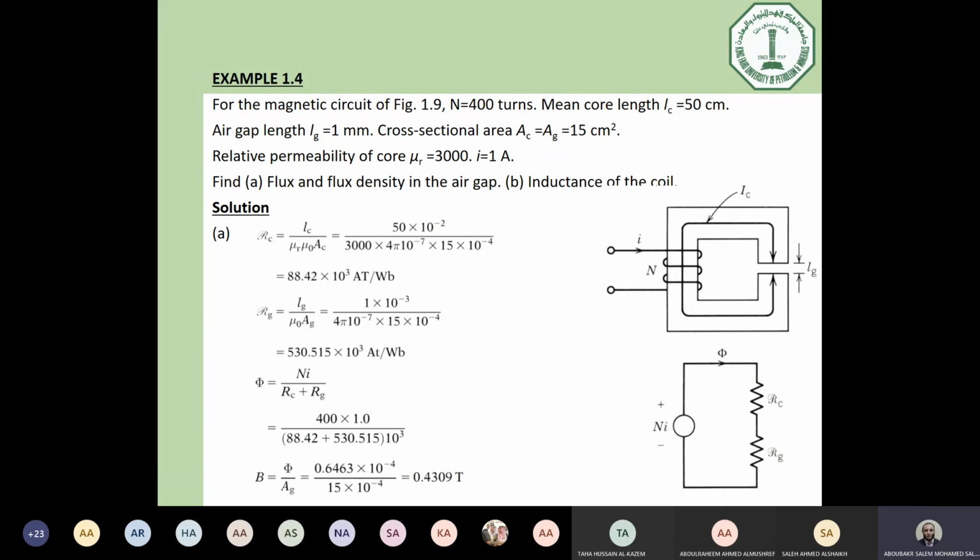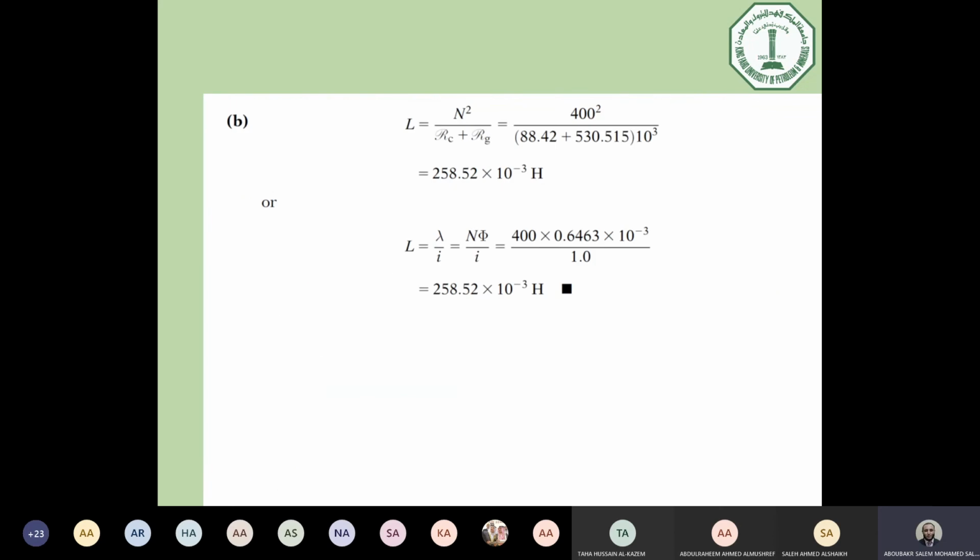Now we need to calculate the inductance, so simply inductance equals N squared divided by reluctance, which means the summation of the two reluctances. This is the core reluctance and this is the gap reluctance, and this is the value of the inductance now, 258 millihenry. By the way, this value is high.